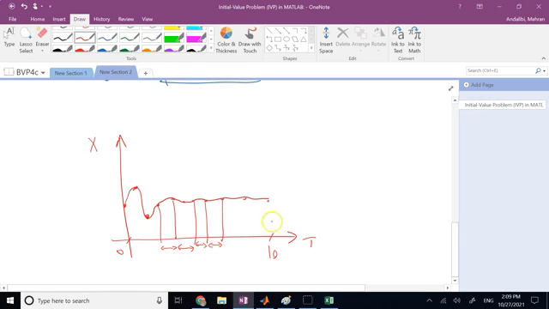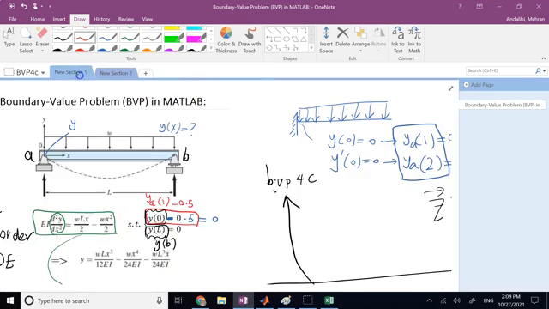So the points in between you do not need to provide for initial value problem, but for the boundary value problem you do. You have the x of 0 and x of L, but in between those you fix a specific number of points.